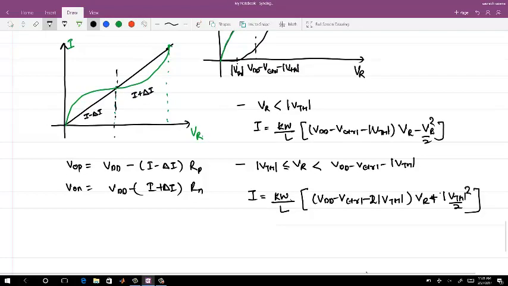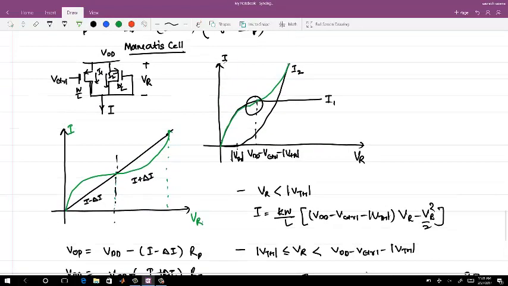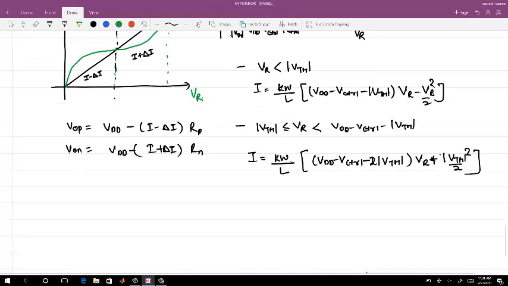This you can work out, and this is proportional to VR, the linear region which I was showing you here. The final one is when your VR is greater than VDD minus V control minus mod VTH.